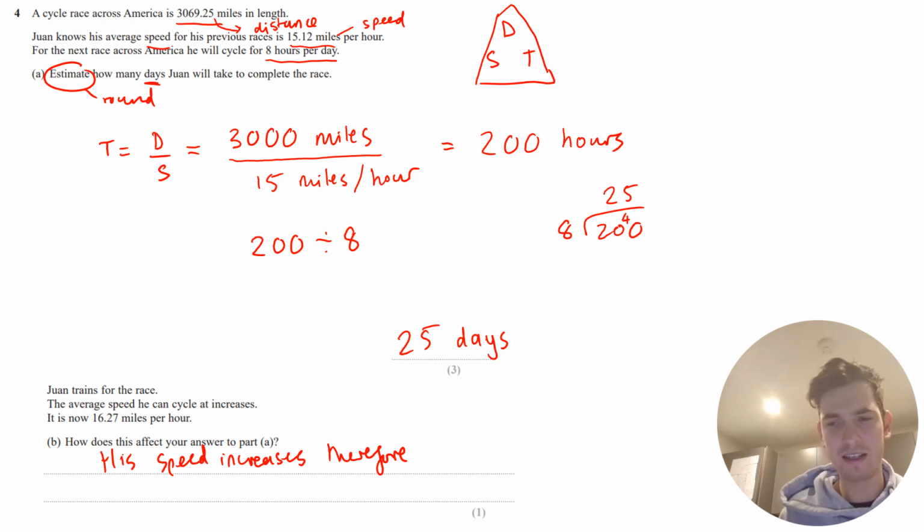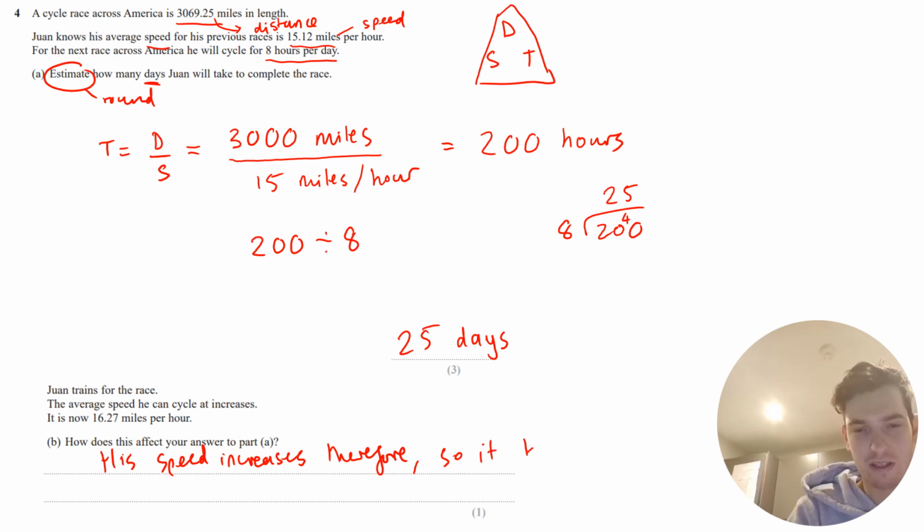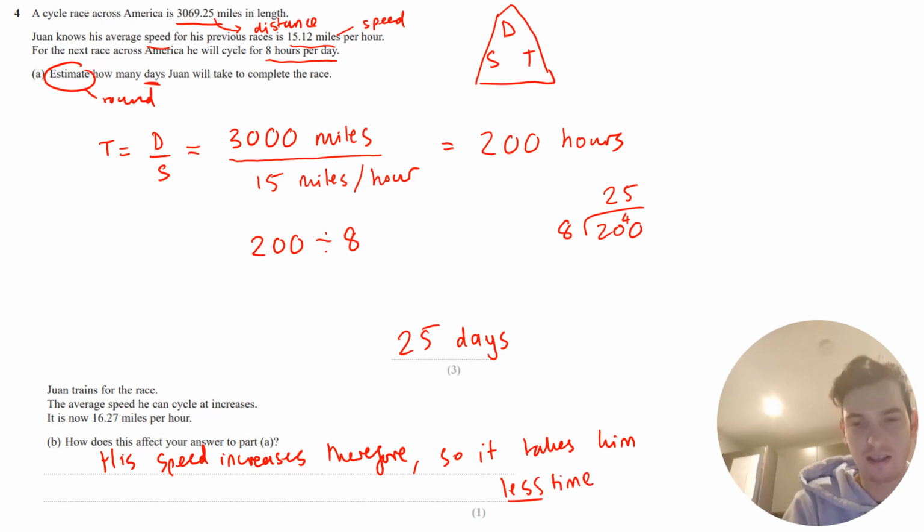Well, my denominator is larger, so I think my answer is going to be smaller. So the time is smaller. So it takes him less time because the time is smaller. That's all I need to say. I don't need to work out any calculation. I just need to say what's happened to my answer. Next.